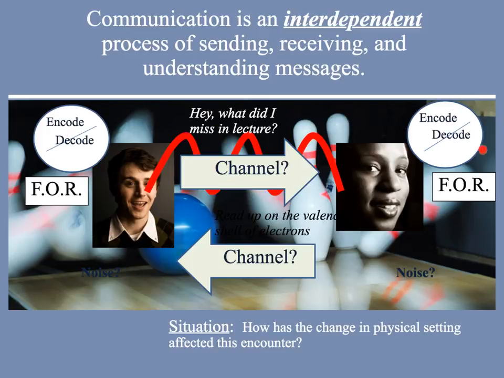The message is understood differently because it's influenced by the situation itself. So you can sort of see these falling like dominoes. If you change one piece in the model, everything else in the model changes with it. That's what we mean by interdependent. It doesn't make any sense to look at any one of these pieces of the transactional model by itself.